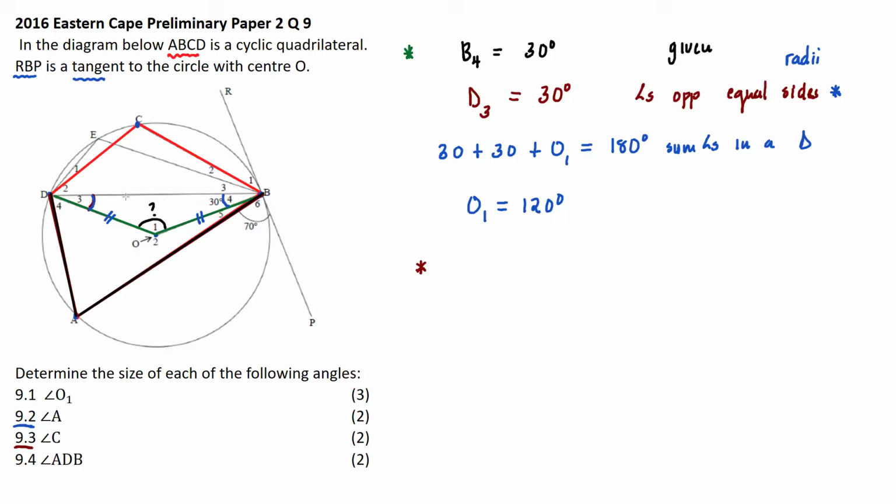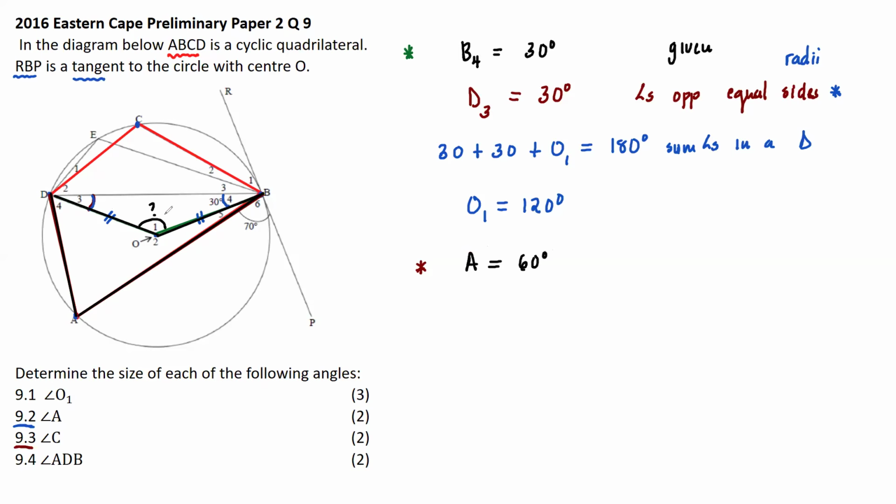Then the line DB also subtends O1 at the center. Line DB subtends O1 at the center. I think you see what I'm going to say. It means angle A would be equal to 60 degrees.